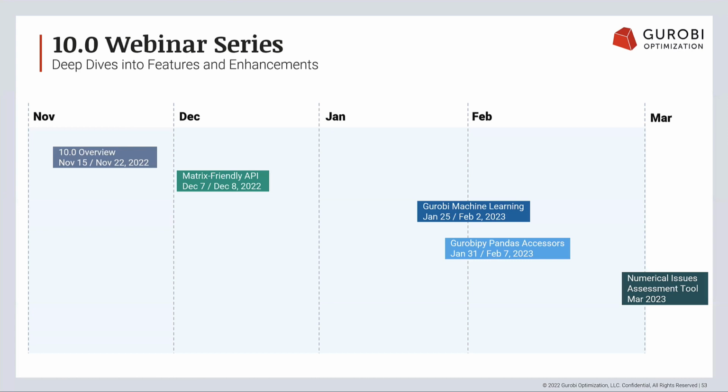So yes, we have thought about that, but for now decided that this is too complex. We didn't do it in the initial version, but it could be that we will add it over time. This depends a little bit on the feedback from users like you about our Gurobi machine learning package. If this becomes very popular, then of course our motivation to extend it further will be much larger.